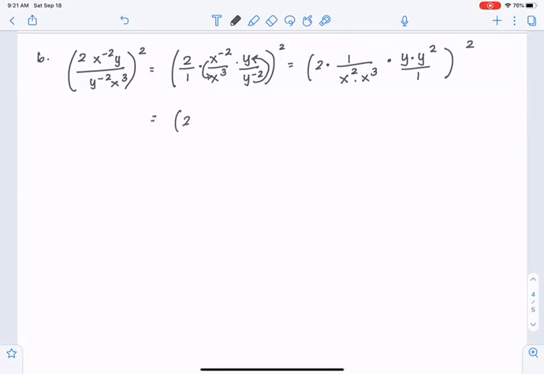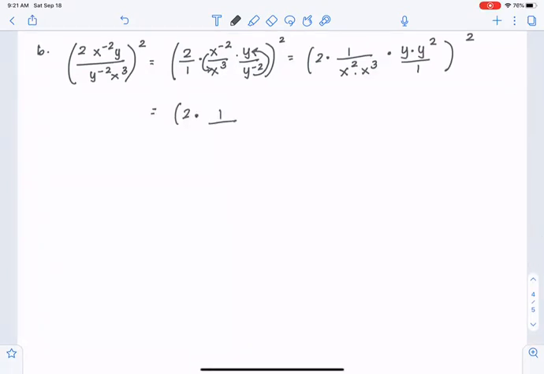So 2 multiplied by 1 over identical bases, which is x. So add the powers, 2 plus 3 is 5. The next term, y and y, identical bases. So add the powers, 1 plus 2, we get 3.